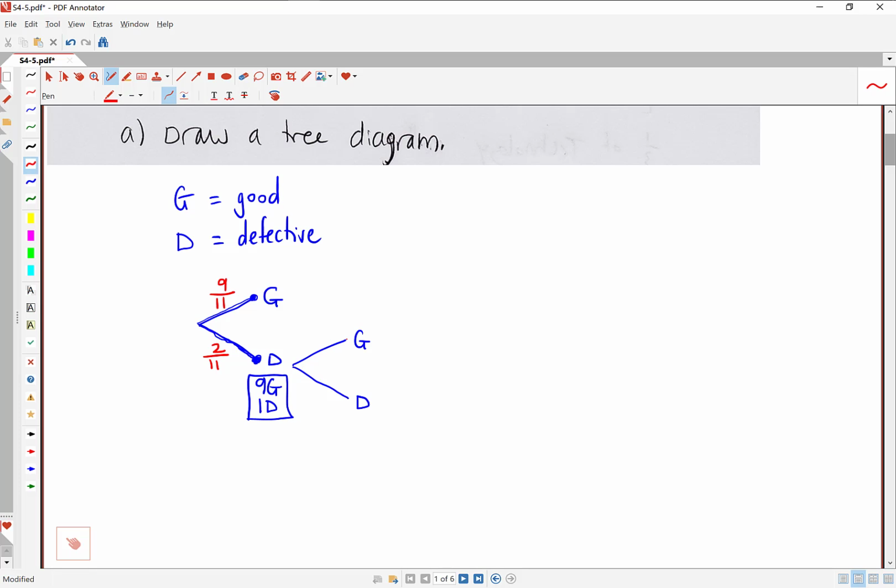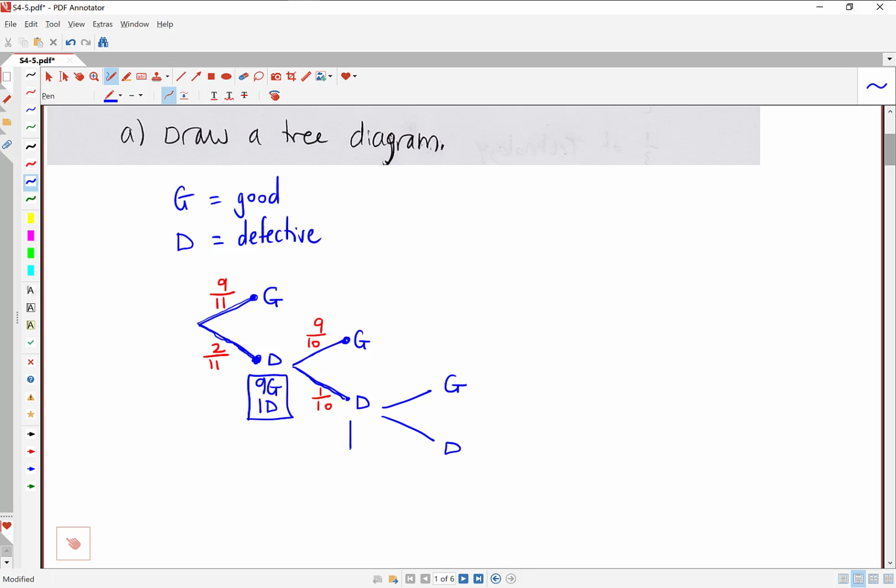So when we now make our next choice, probability of getting a good item will be 9 out of 10. Probability of getting a defective item, 1 out of 10. And if we chose a good item, the process stops because we said we're going to stop the selection once we get a good item. If we chose a defective item, we would continue. And so again, there's going to be another branch of the tree representing possibility of getting a good or defective item.